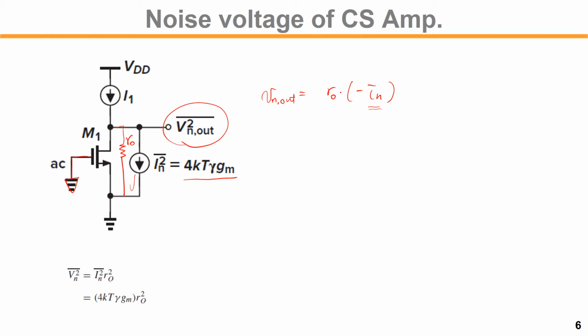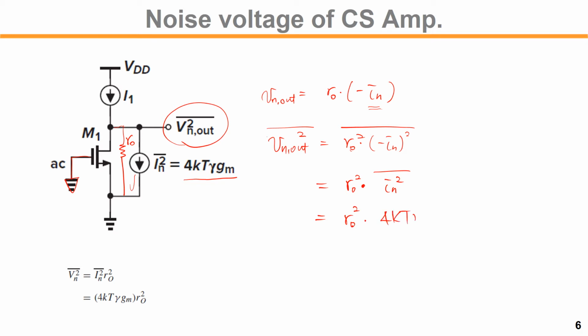So we take the square and take the expectation. Since R0 squared and the currents are not correlated, we can take it out, so IN squared. IN squared is what?